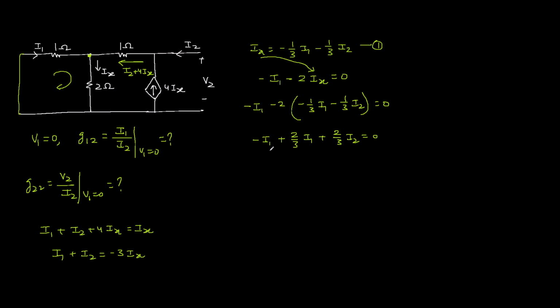So 2 by 3 minus 1 is minus 1 by 3 I1 plus 2 by 3 I2. This will give 2 by 3 I2 equal to 1 by 3 I1. So 2 I2 is equal to I1. So I1 over I2, which is G12 when V1 is 0, is equal to 2.